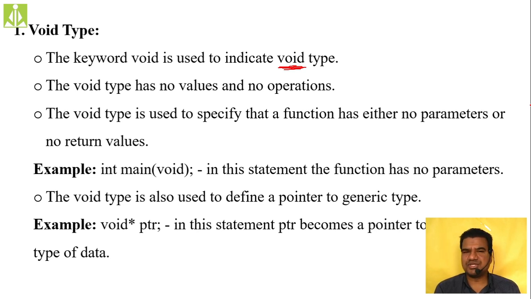There are situations where you want to tell the compiler that you don't want to give any input, and simply want to get the output by performing some operations. So how will you tell the compiler that you are not giving any input? We make that input place void. By reading that void, the compiler will understand that you are not giving any input, because void means nothing, no input.